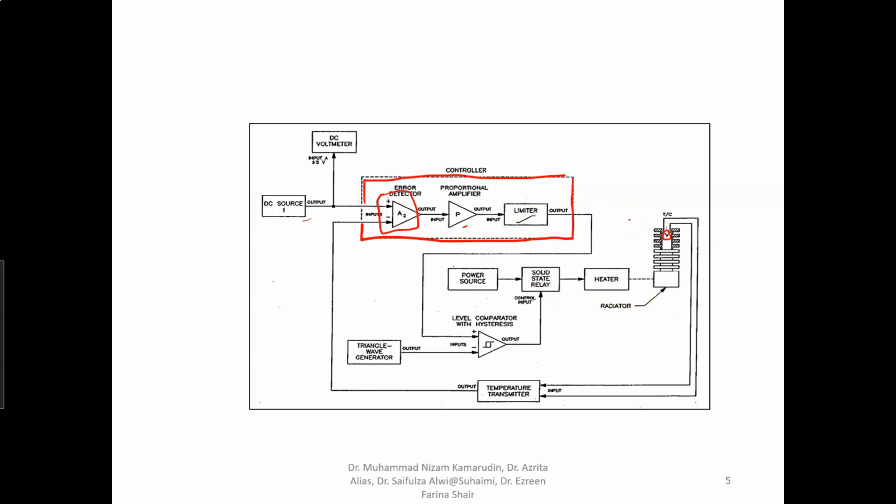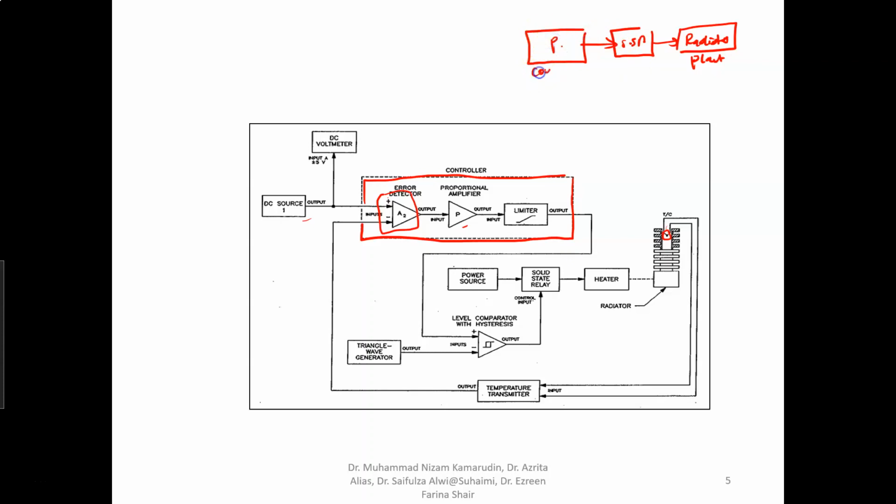Okay, if you draw the control block diagram, I have a plant here. So our plant is a radiator. And we have a solid state relay here, and we have another additional block we call the P controller.